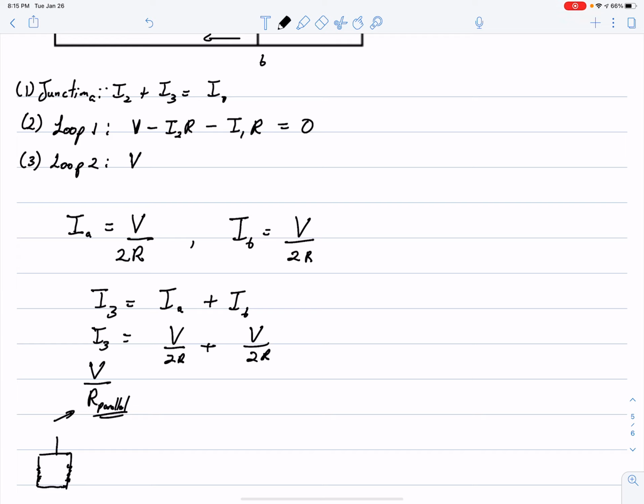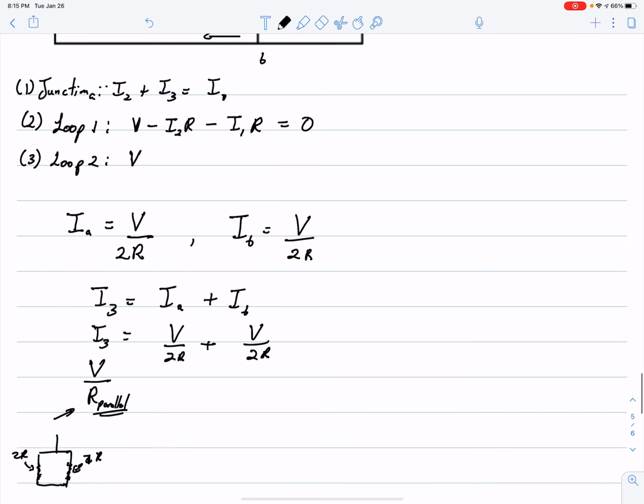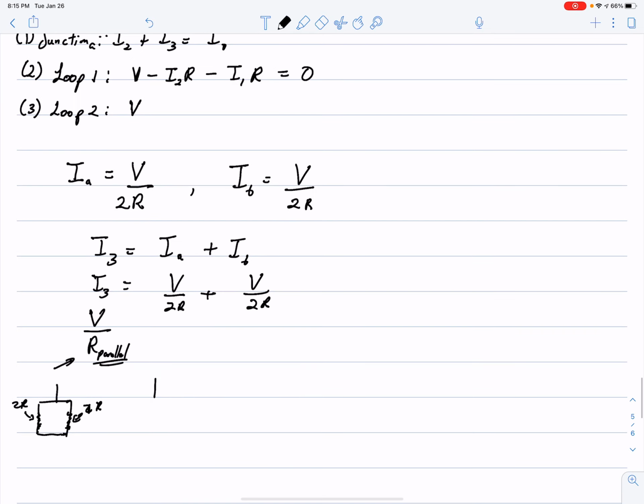These are the two resistances, 2R and 2R. And what I want to do is just create one, saying, okay, so this is the equivalent of this, or parallel.